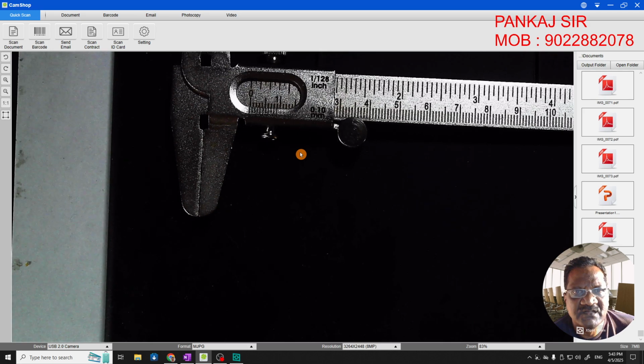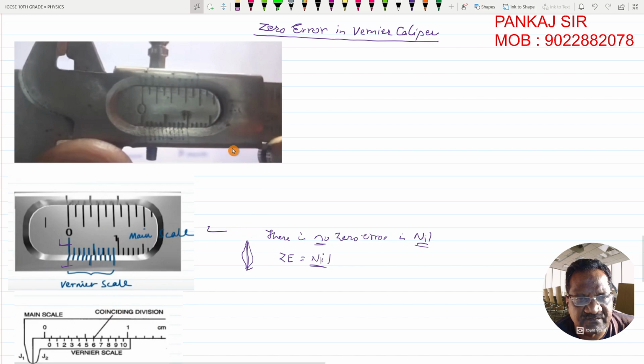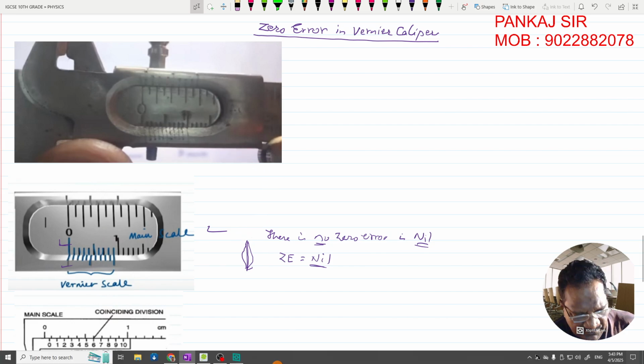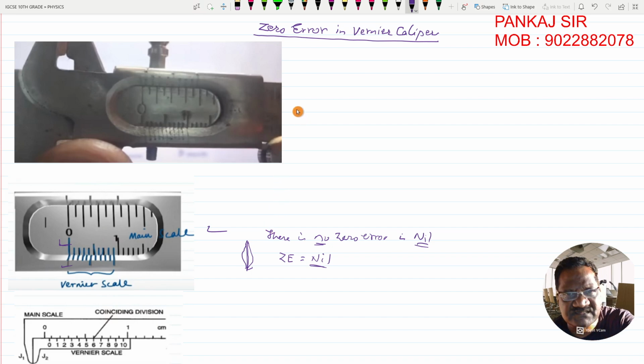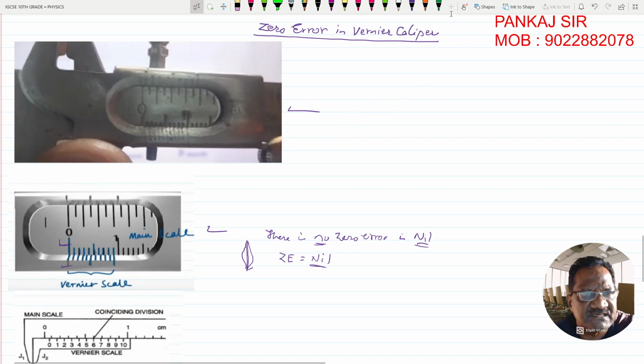So now I'll take you back to the home screen. Here is the case. I want you to see this diagram now. In this diagram, you can see the zero of the main scale is somewhere over here.